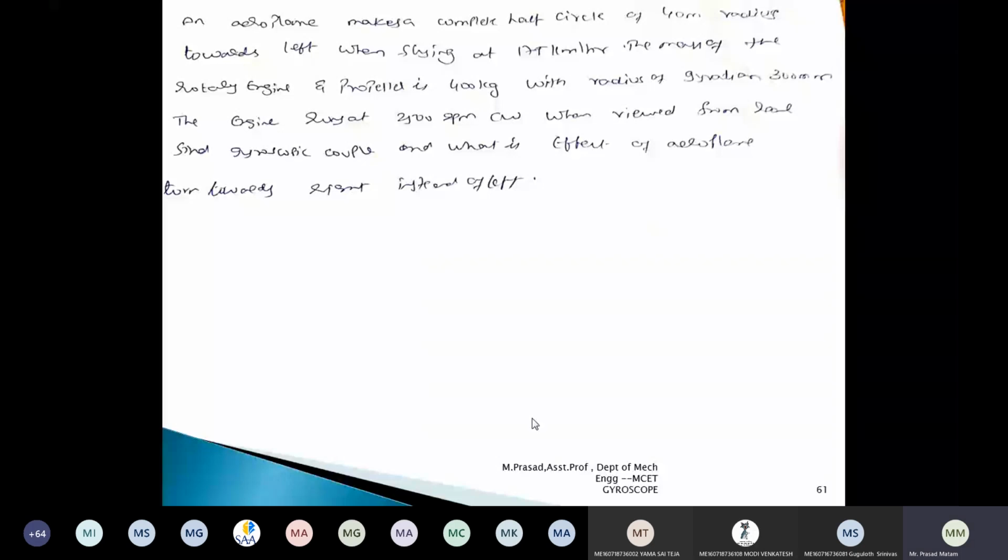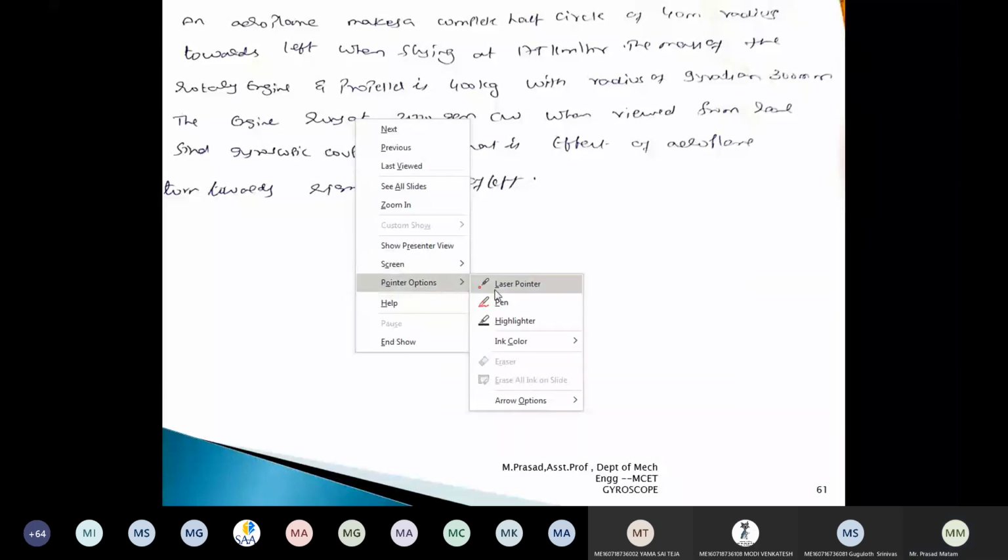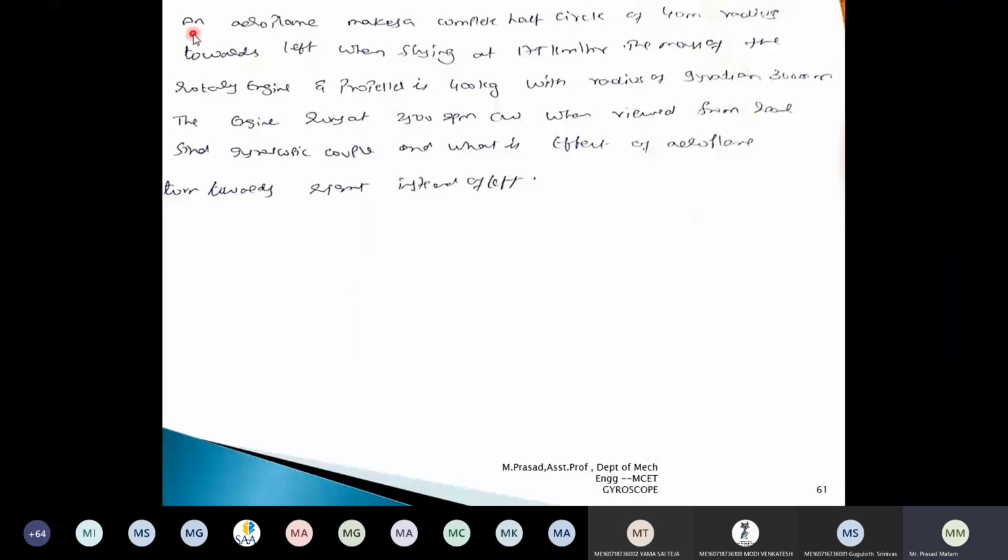Third problem. An aeroplane makes a complete half circle of 40-meter radius towards left when flying at 175 km/h.